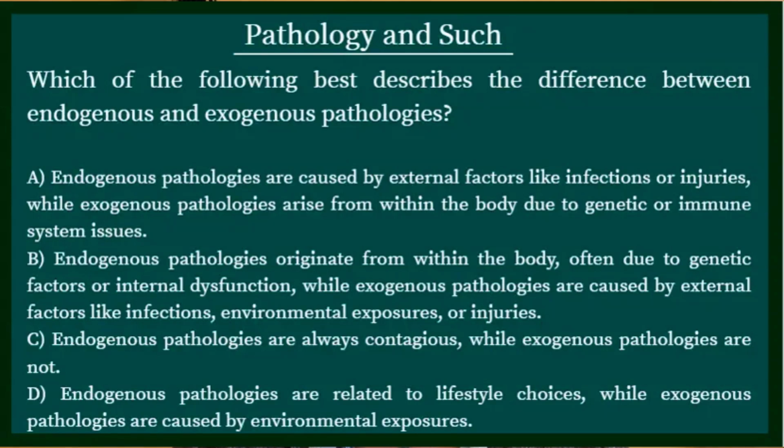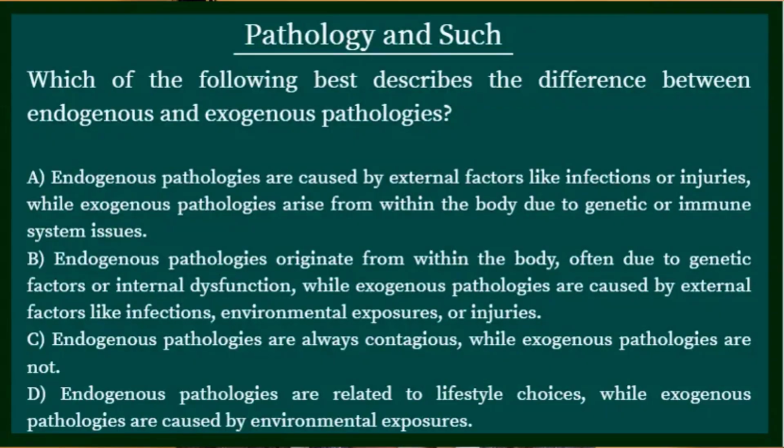Let's just take these two words apart, and this is where your root words and understanding medical terminology is really helpful. So endo is going to mean inside. Genus means where it comes from. All right. So exo means outside.